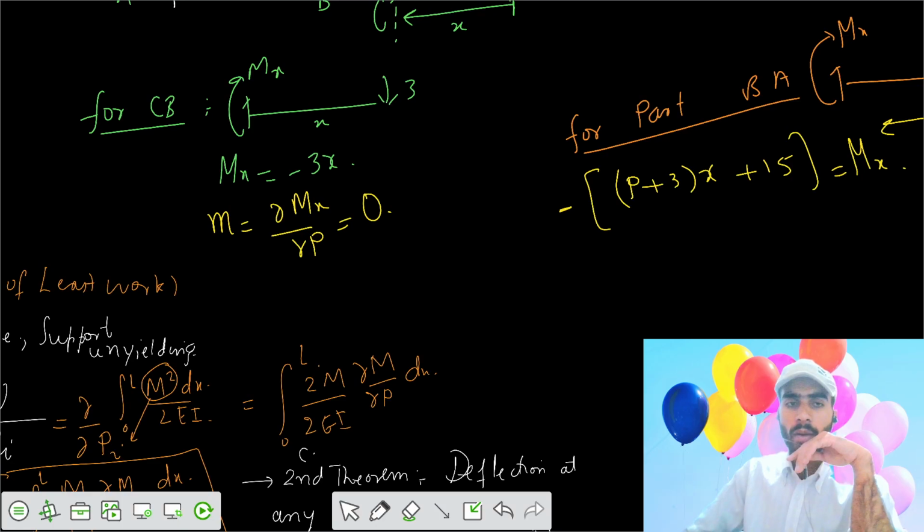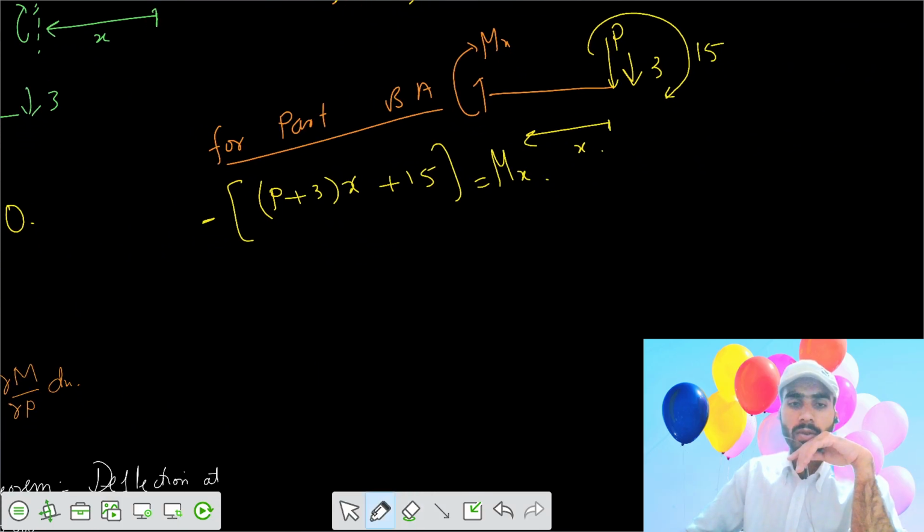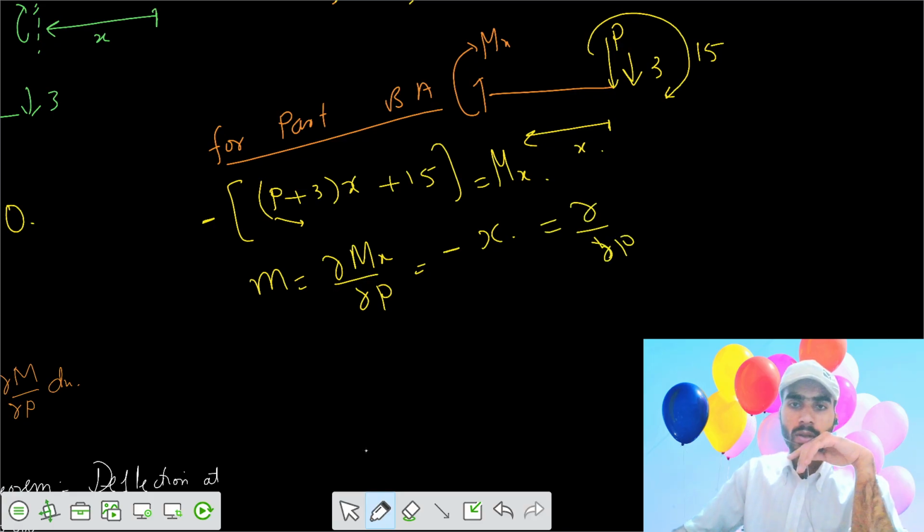So we got the value of m here as 0. Then we can write m here equals dou Mx by dou P, that equals minus x. So this was your equation, dou by dou P of minus times P x plus 3x plus 15. So you differentiate it, P with P, and we get minus x.